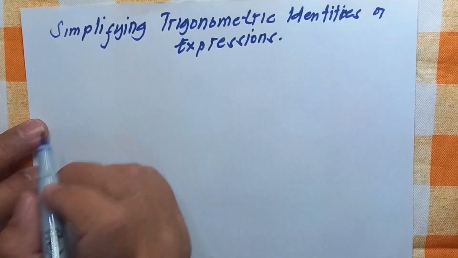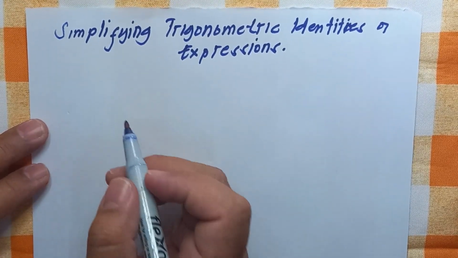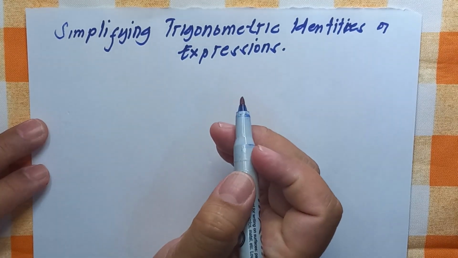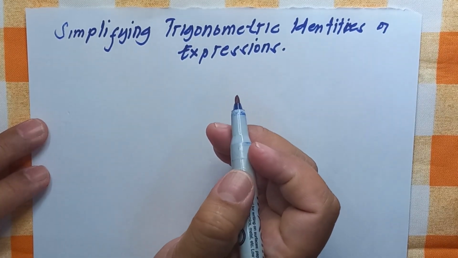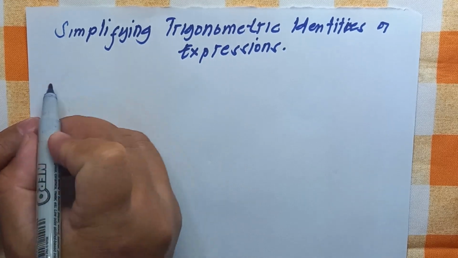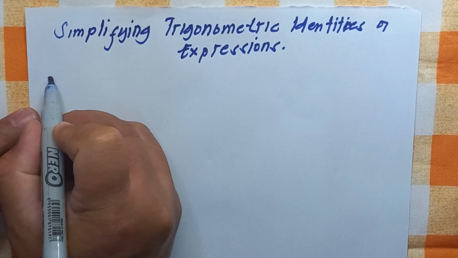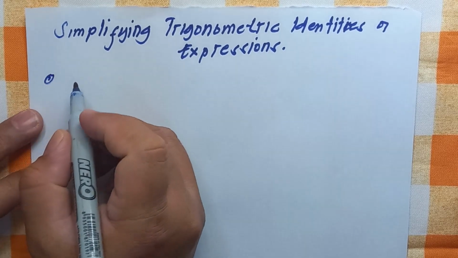Now, we cannot explain to you properly this simplification of trigonometric expression or identities if we do not give an example. Okay, so we have to have an example so that we can elaborate properly.